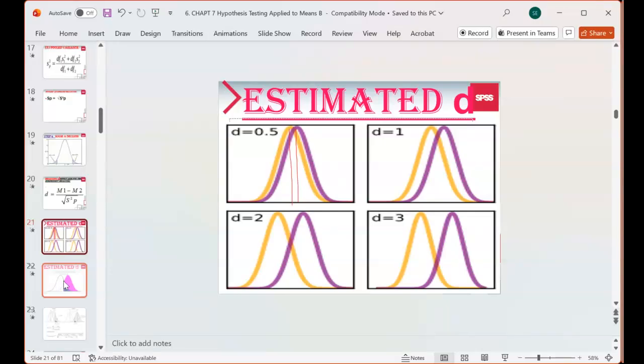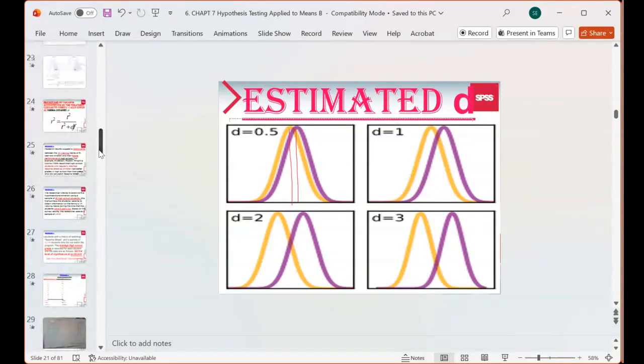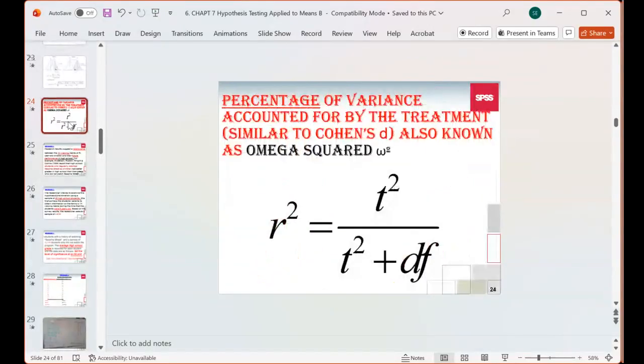All right, so that shows that for the d effect size, the larger, the better, because you can clearly see the difference between the two samples. But if it's small, they become identical. If d is 0, that means no difference. D means difference, so if it's 0, there's no difference.